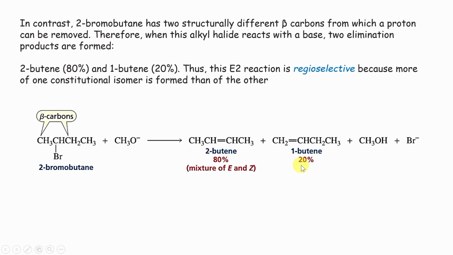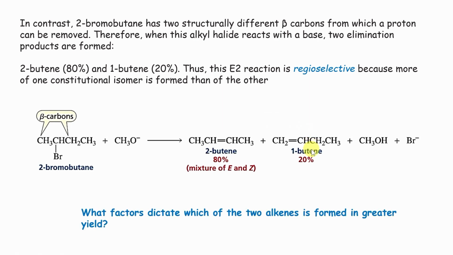And so the E2 reactions are regioselective in nature because more of one constitutional isomer is formed than the other. Here 80% 2-butene is formed, while 1-butene is formed only at about 20%. So the E2 reaction is regioselective in nature.